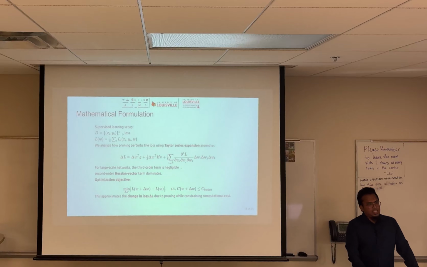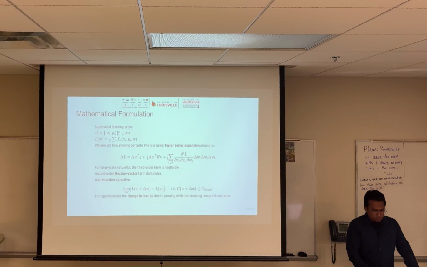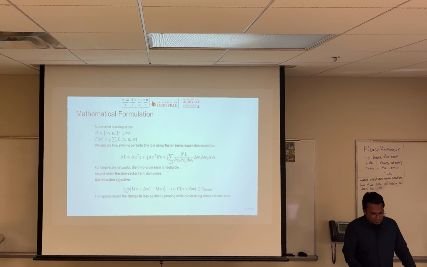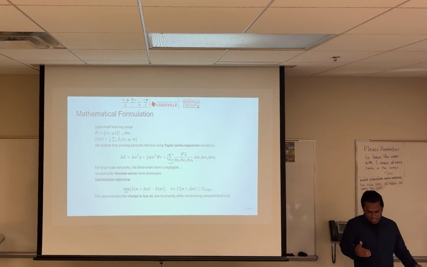A weight sitting on the steep part of the loss surface, meaning high curvature, is the most critical, because removing those weights will make your loss shaky. And the weights in a flat region contribute less. So these are the weights that we target.